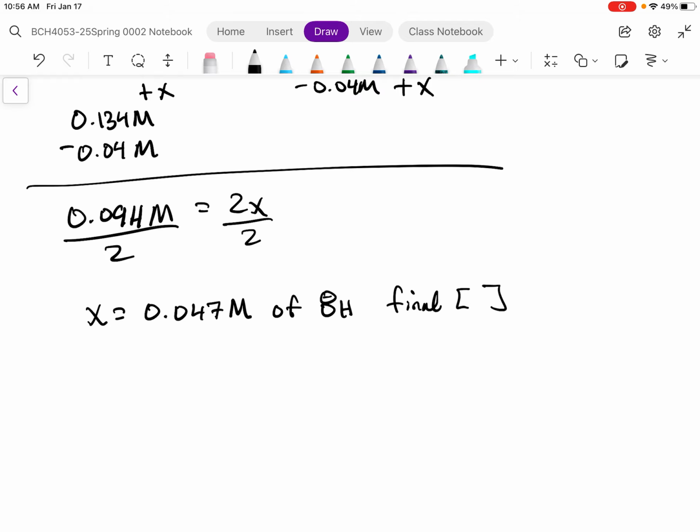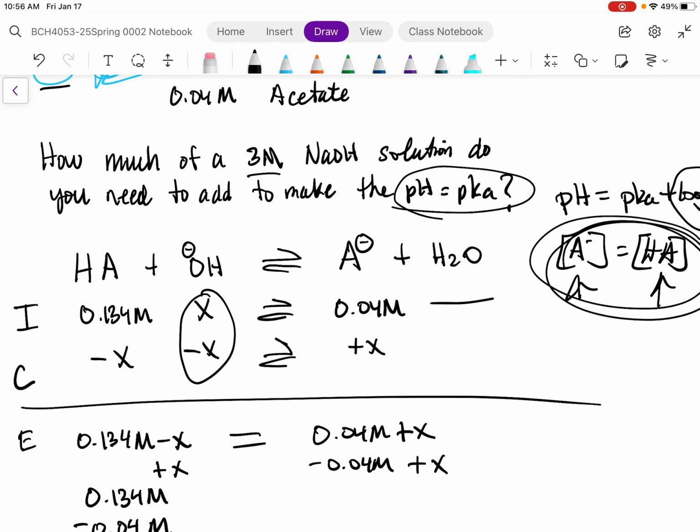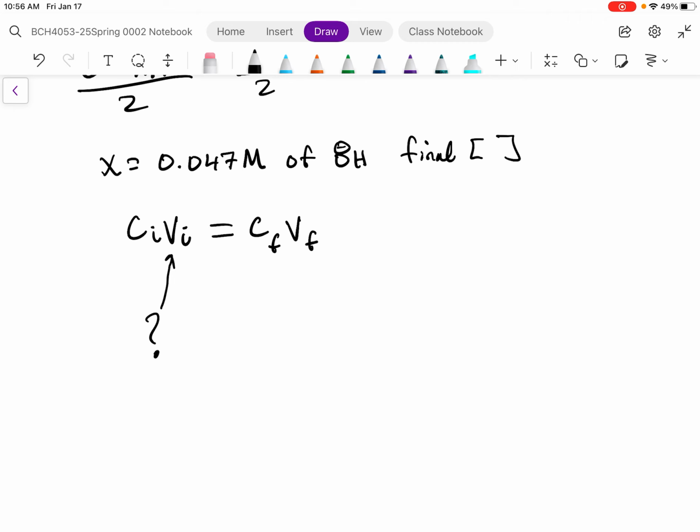So now we want to figure out how much of the sodium hydroxide solution we are going to add. And the concentration of it was 3 molar. In order to do that, we need to understand that we have concentration initial, volume initial, concentration final, volume final. So what do we want to figure out? We want to figure out the initial volume of our sodium hydroxide solution. We know that we started out at 3 molar.